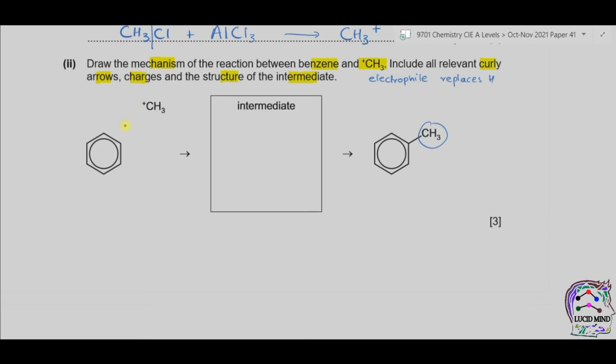Let's draw the mechanism. First, these electrons attack this carbon atom. Then an intermediate is formed in which the ring structure is disturbed.